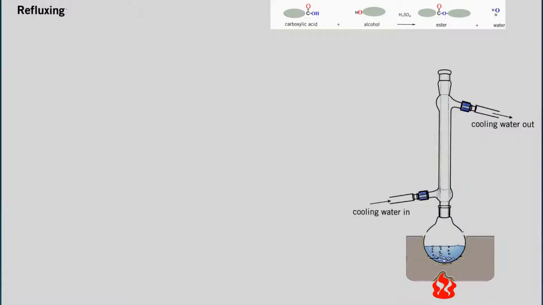Now we're going to talk about the experiment. The experiment is called reflux. If you study this experiment, you soon realize there's something special. You will have a very long neck jar. This long neck part is a condenser.